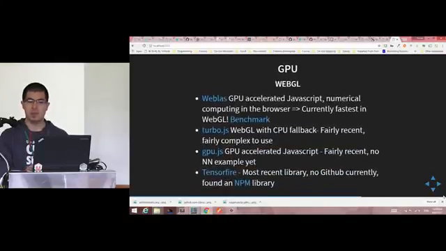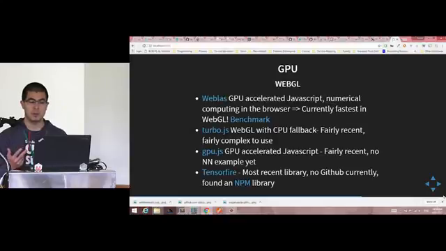So as I mentioned, you can do calculations leveraging your CPU, or you can leverage WebGL. So a number of libraries have emerged, the latest one being TensorFire, which I saw on Twitter like 2 weeks ago, so it's really recent, but they haven't, for the moment, open sourced their code. So as I said, I found an NPM library, but I couldn't find a GitHub.